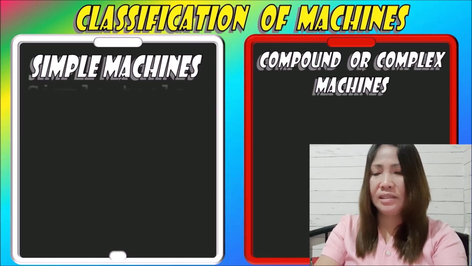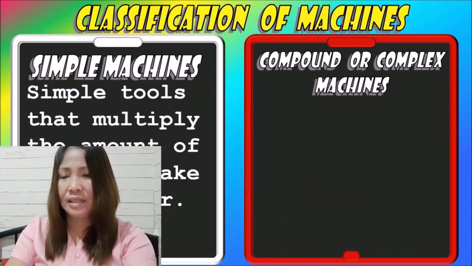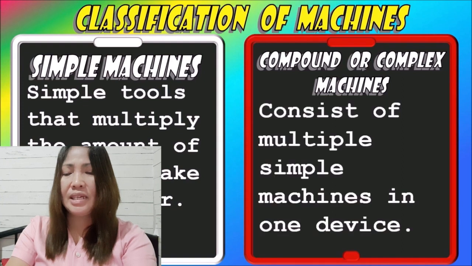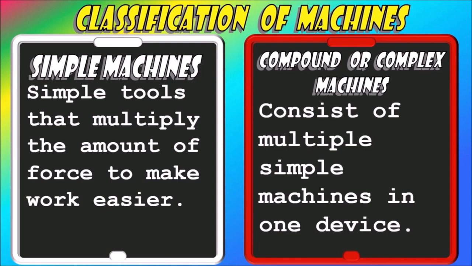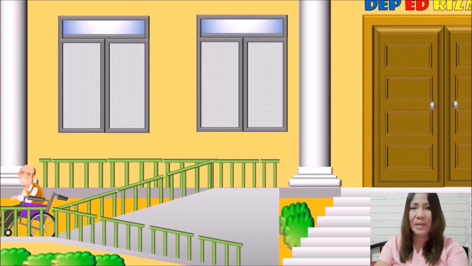Simple machines are simple tools that multiply the amount of force to make work easier, while number 2, compound or complex machines consist of multiple simple machines in one device. Examples of compound or complex machines are a bicycle and a sewing machine.